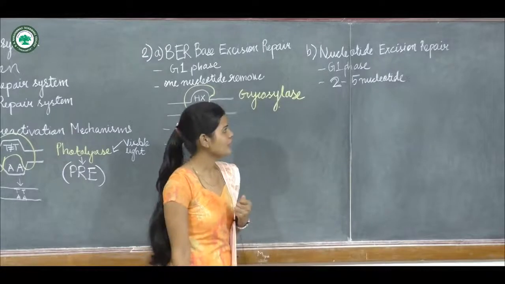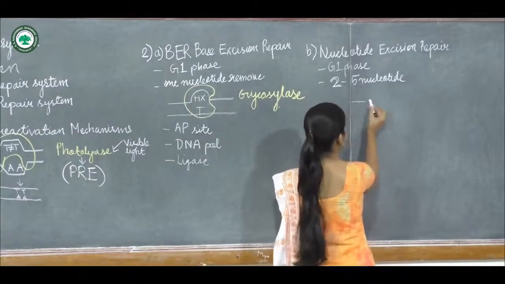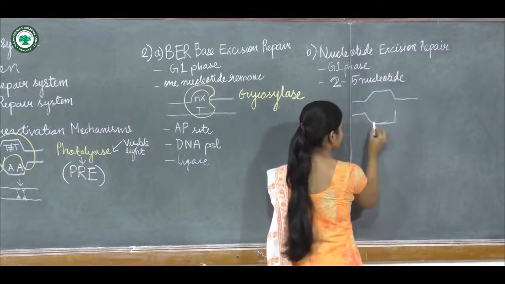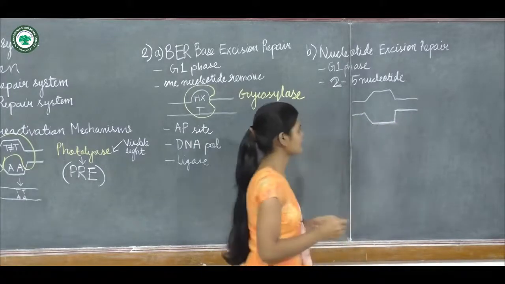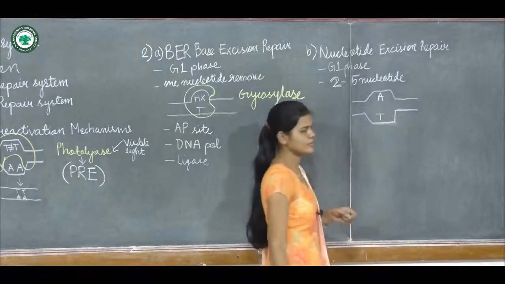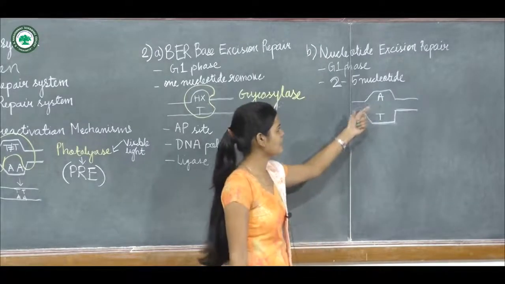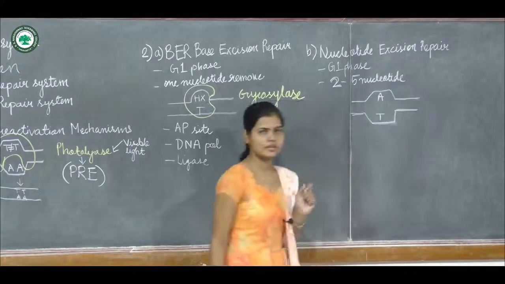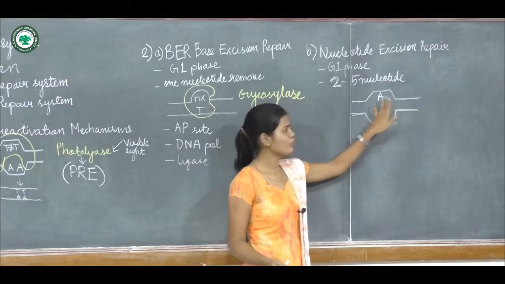So now in this case what is happening, suppose this is a site here, but suppose this adenine is in its imino form, that is there is some change in the nucleotide, suppose this A is in the imino form.